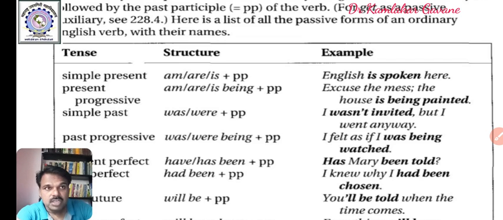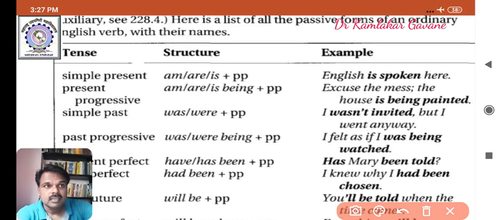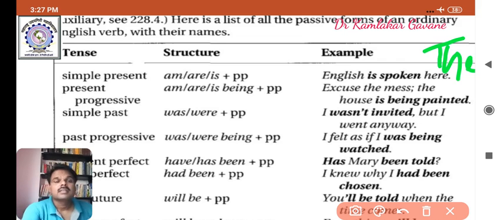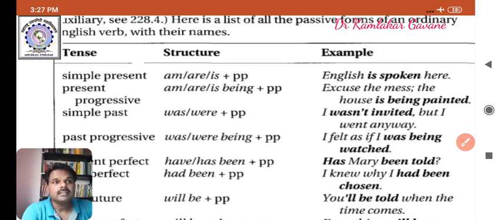If you change this sentence into active voice, you use they. They speak English here. This is the active voice.